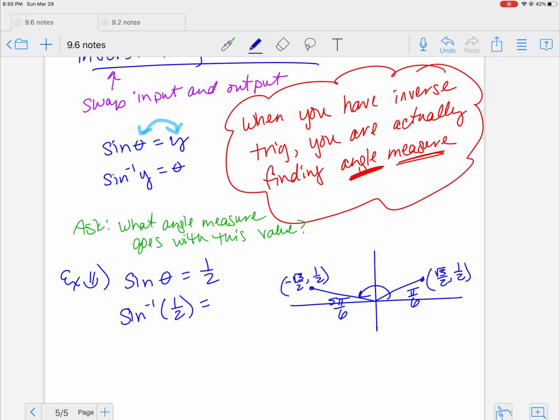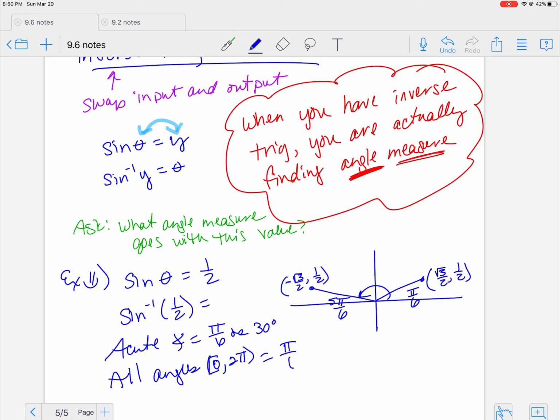This is going to be the square root of 3 over 2, 1/2, and the negative square root of 3 over 2, 1/2. If I just want acute angles, that's going to give me pi over 6 or 30 degrees, depending on what your question is asking for.